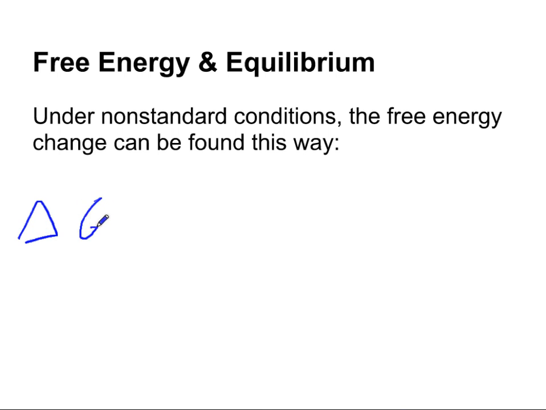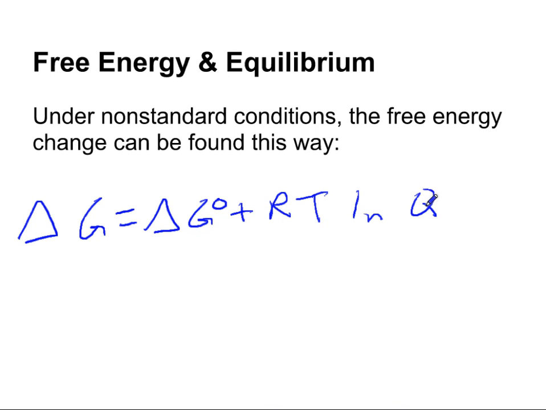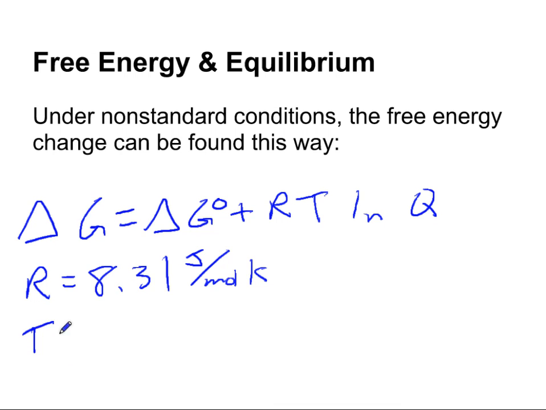Delta G, our non-standard delta G, is equal to delta G standard plus RT times the natural log of Q. In this case, R is equal to 8.31 joules over mole times Kelvin, because that's our value of R that has the joule term, not volume in it. We're looking for the one with the energy term, not volume here. Temperature has to be in Kelvin.